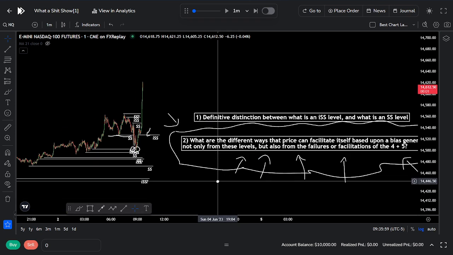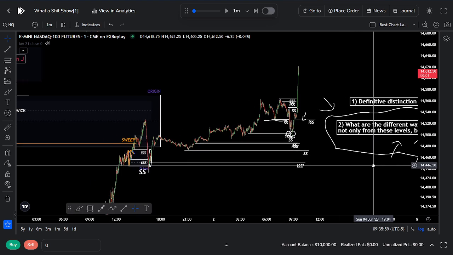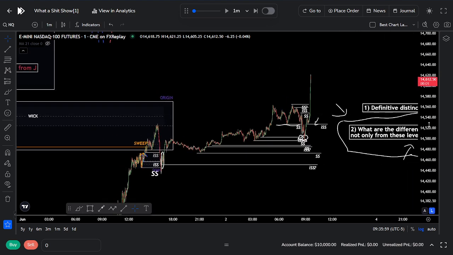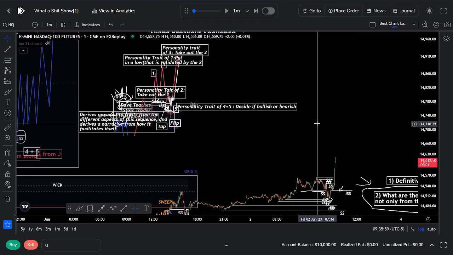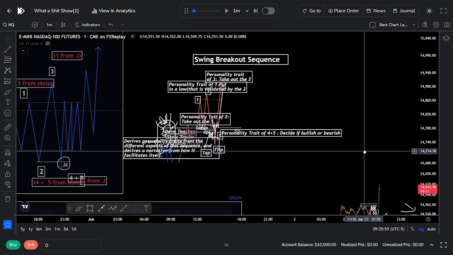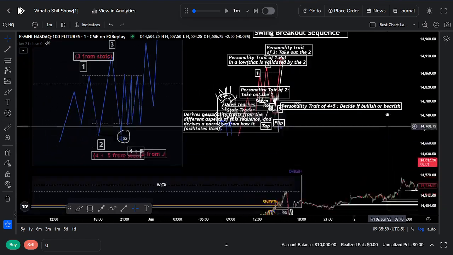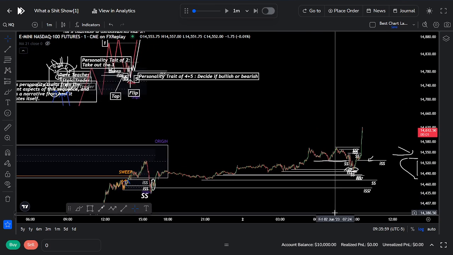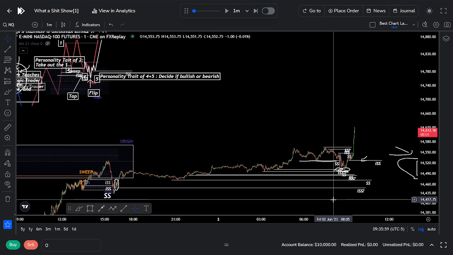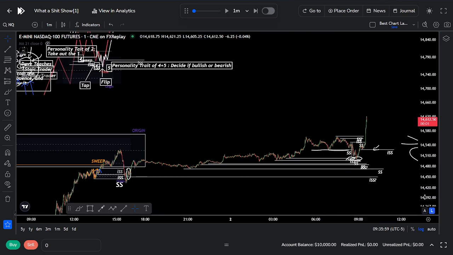Using our current understanding of market structure, if you've really developed this understanding, we can learn how to do this just based off of how price can facilitate itself from higher time frame narratives or from lower time frame narratives to higher time frame narratives.